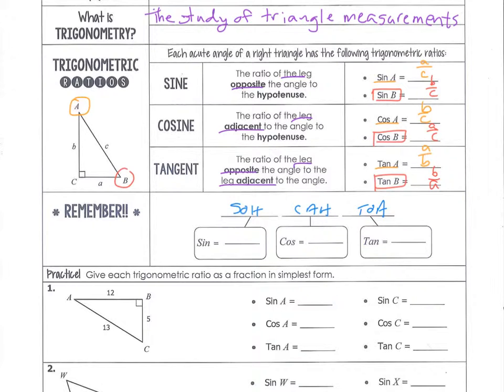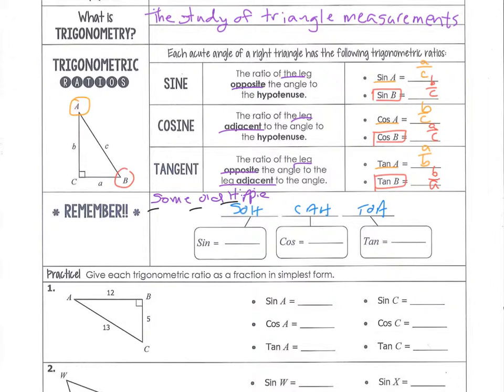All right, so S-O-H is some old hippie, hippy dippy, some old hippie. So that's S-O-H, some old hippie.